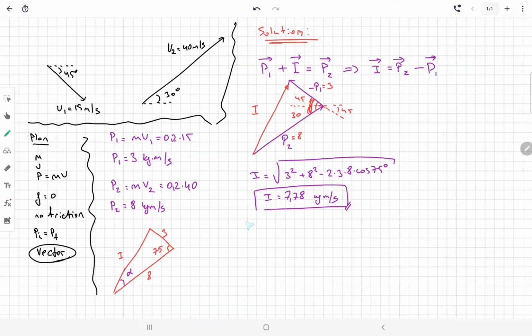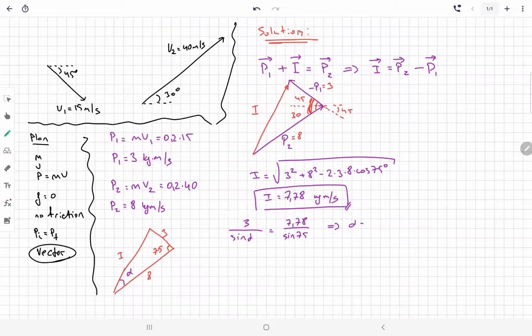It states that 3, this side, divided by sine of the opposite angle, which is unknown, equals the impulse, 7.78, divided by sine of the opposite angle, which is sine 75.